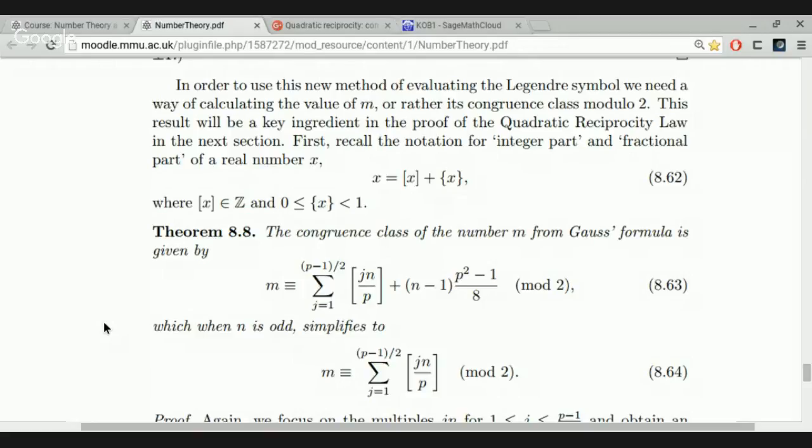Some books use this kind of adapted notation for floor. That's called the floor of x. We also sometimes talk about this number up here. What do you think the next integer after x is called?